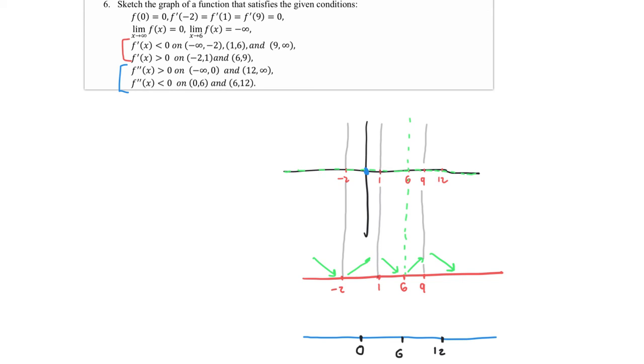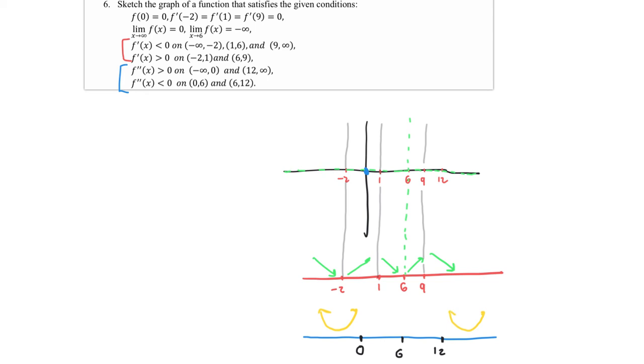And in that case, we are looking at a scenario where it's concave up. The second derivative is positive, which means it's concave up from negative infinity to 0 and from 12 to infinity. So it's concave up here, okay, and here.